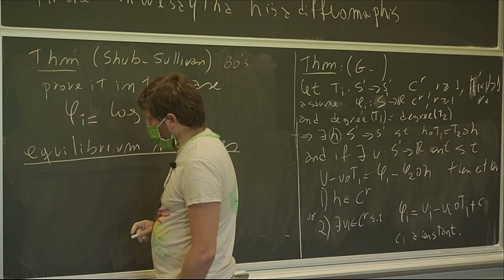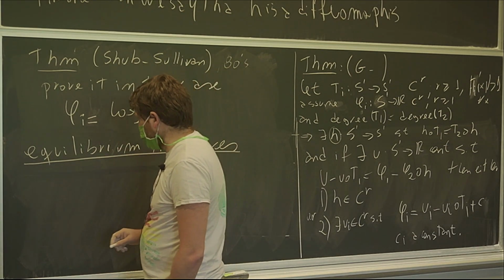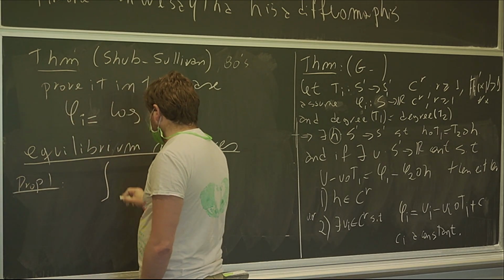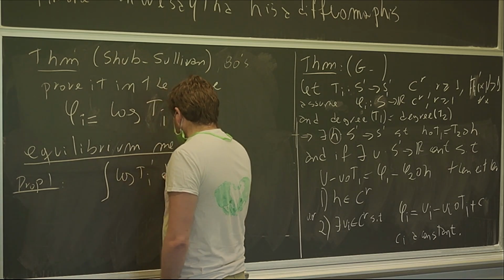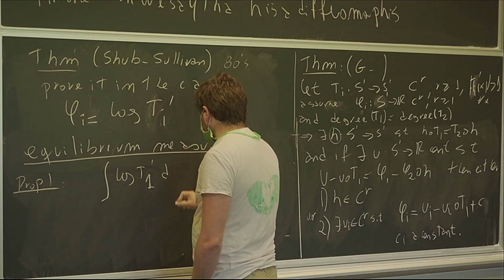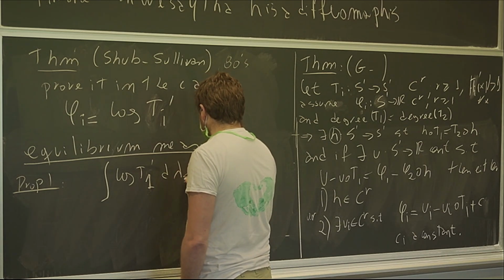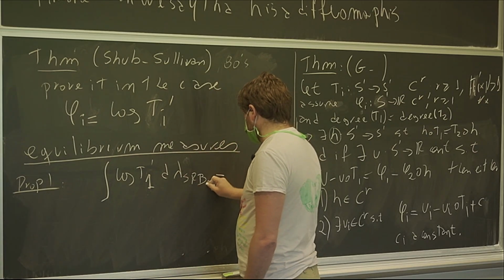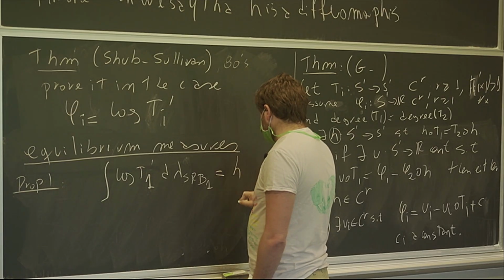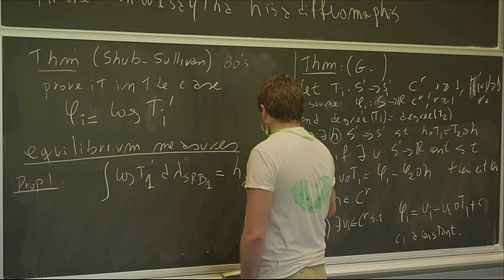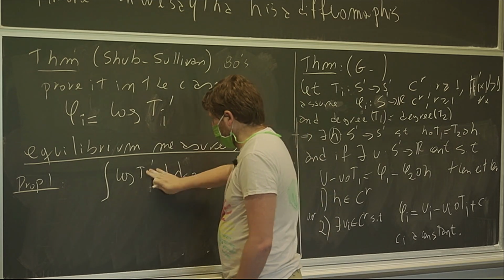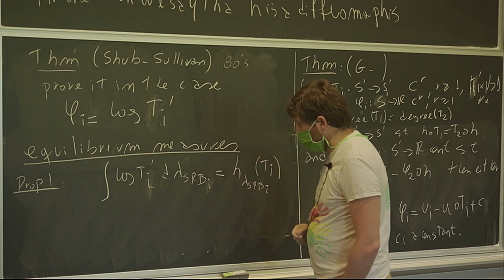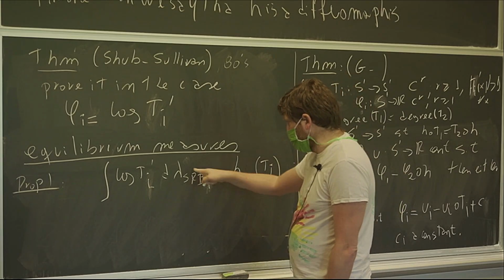And there are two very important properties for this guy. So property 1 is that the integral of this guy, is the entropy of this guy. The same for the Ti, so it's for both guys. So this is the first thing. Now, what is this lambda SRB?